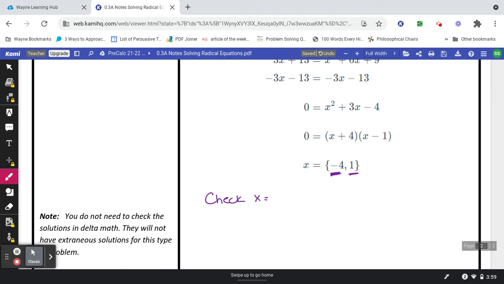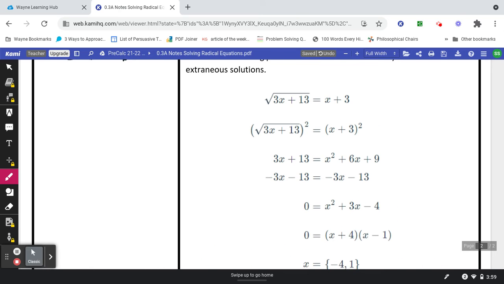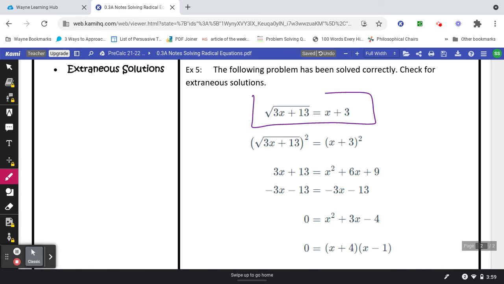So check x equals -4 and check x equals +1. And when we check, we're going to plug it all the way back into the original equation. This one right here. Plug in here to check.